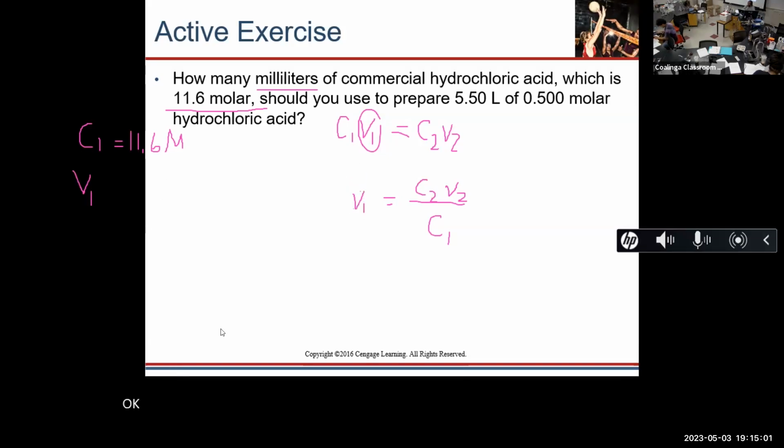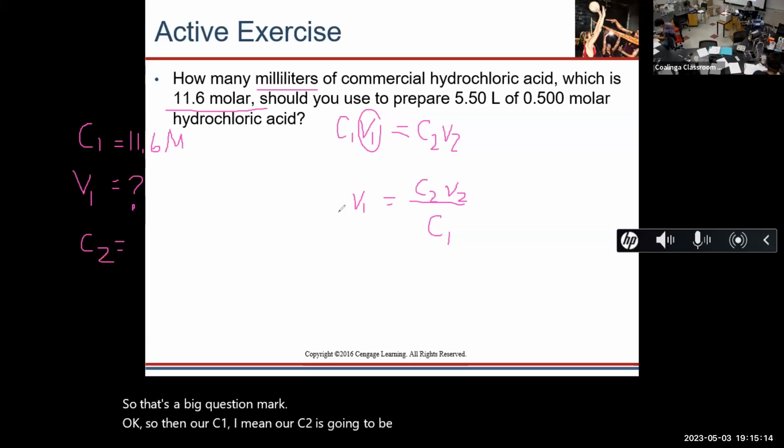So V1 is what we're trying to answer. We want to figure out what it is. That's a big question. Okay, so then our C2 is going to be, what is the other concentration? Feel free to type if you can't talk.